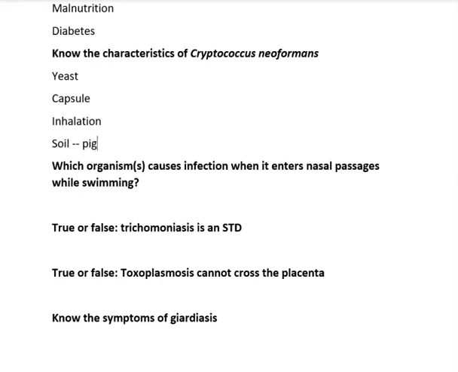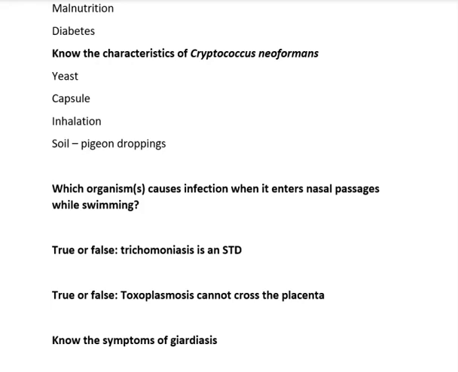It's found in the soil, especially soil that's high in nitrogen content from pigeon droppings. And it's primarily going to infect patients with AIDS, cancer, and diabetes. Remember that Cryptococcus is not a normal member of the human microbiome. Big hint for the test there.